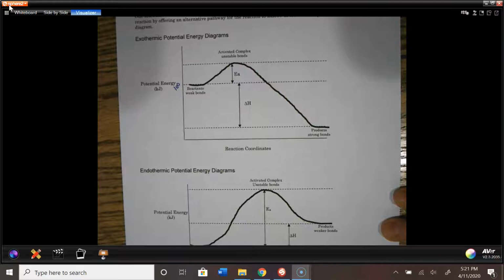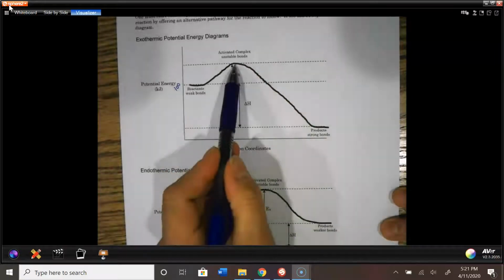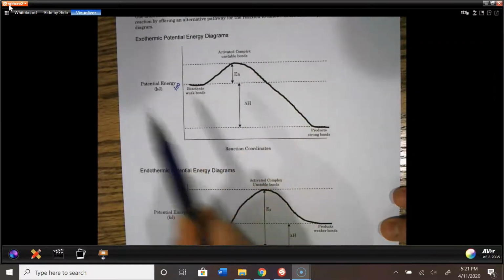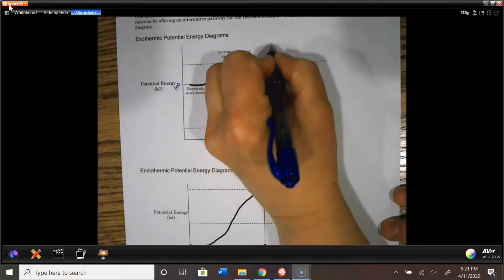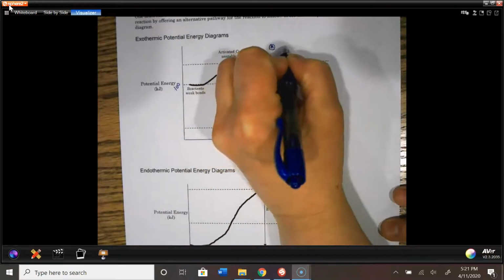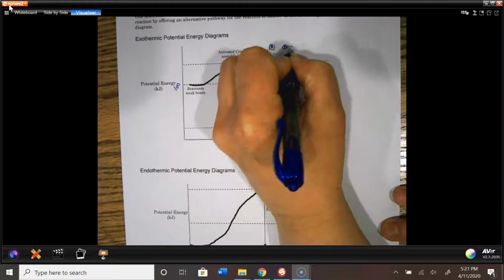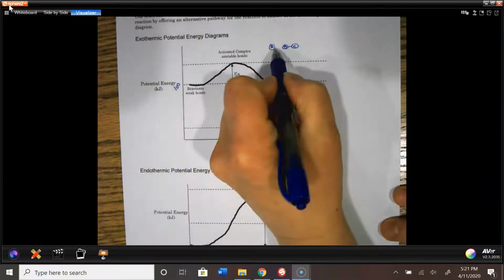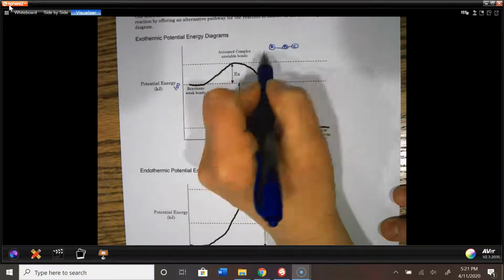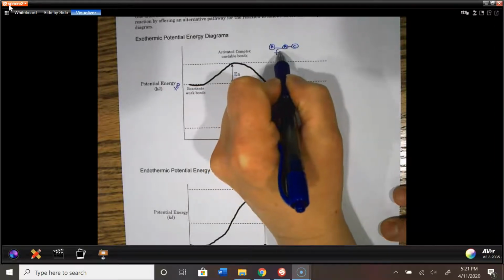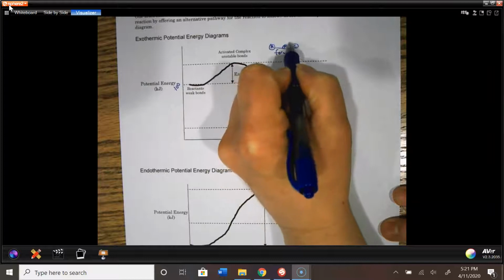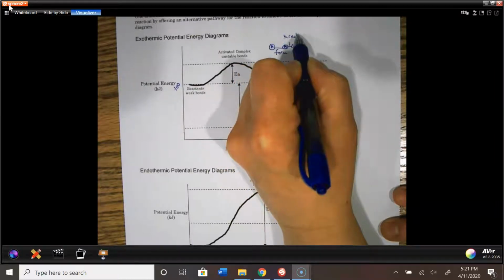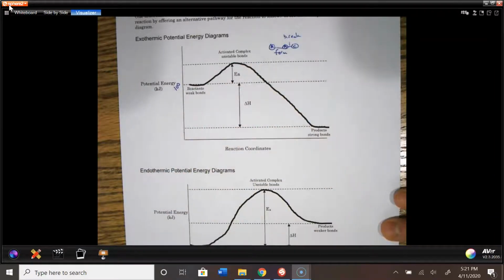Okay, in order to get to the activated complex, remember in the one video we saw that you had A and B, C reacting. Well, that activated complex was the point where you were trying to form this one and break this one. And the activated complex was something in between.